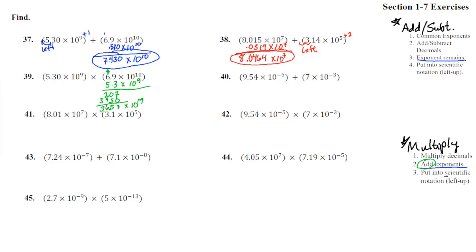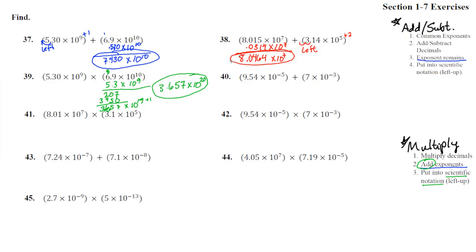However, it needs to be in official scientific notation, which means that the decimal has to be right there behind the 3. So we need to move it left once, which means that goes up 1. So it is 3.657 times 10 to the 20th. That is the end result of number 39.